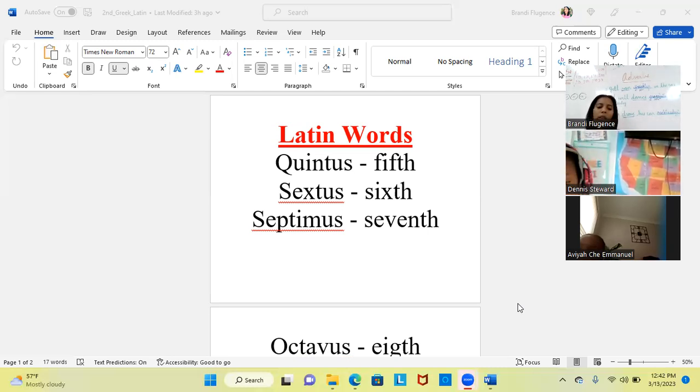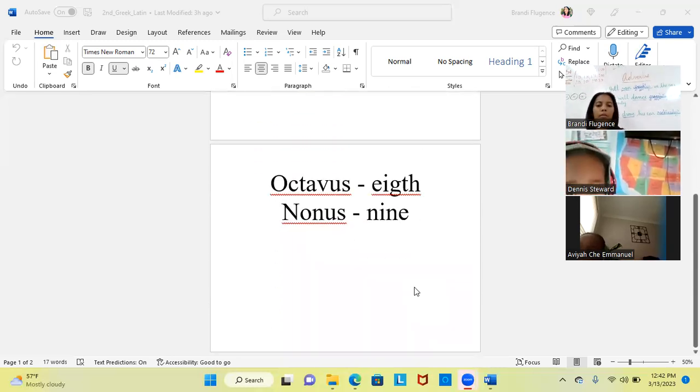Septimus, and it means seventh. Next one, octavus, and nonus, and it means ninth.